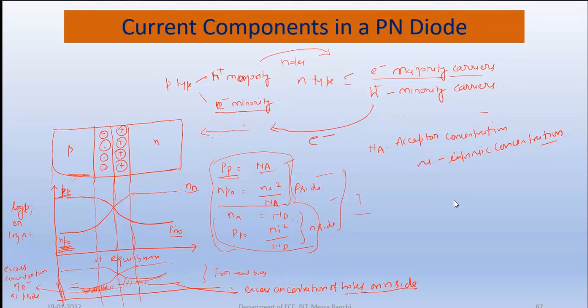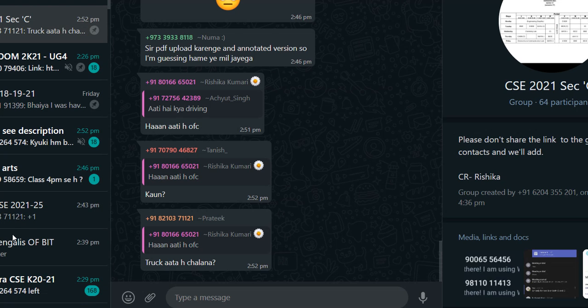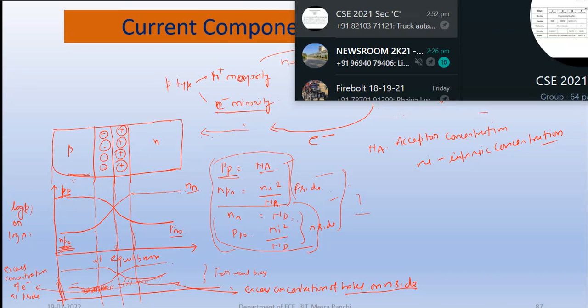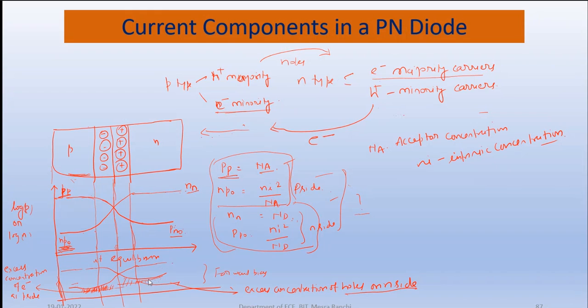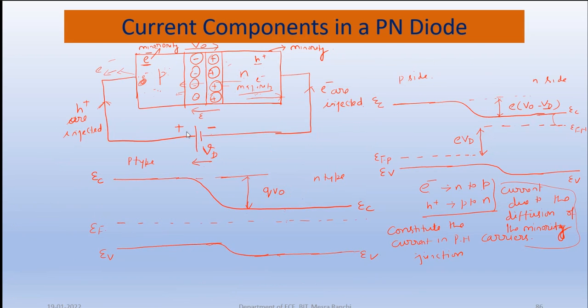Now when you apply a bias, a forward bias, then what will happen? Can you say what will happen? Because now when you have applied the bias here, what is happening? Earlier there was no bias, right?